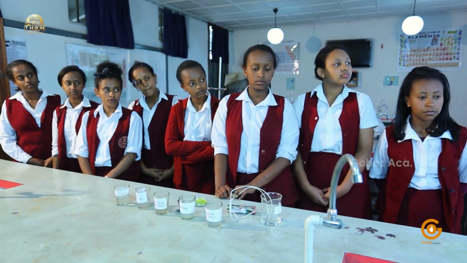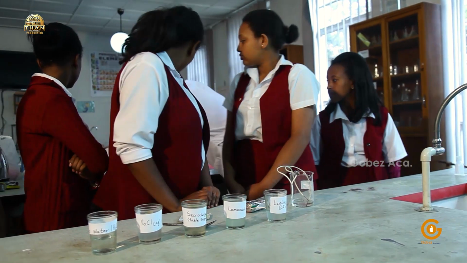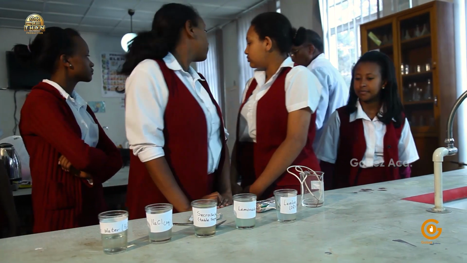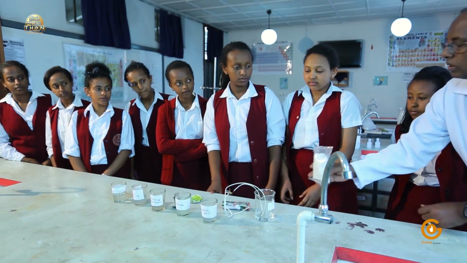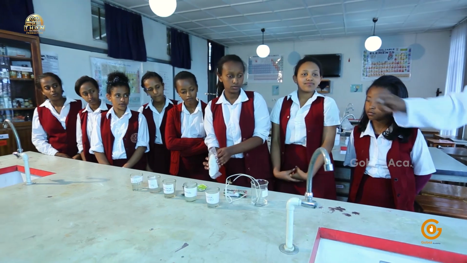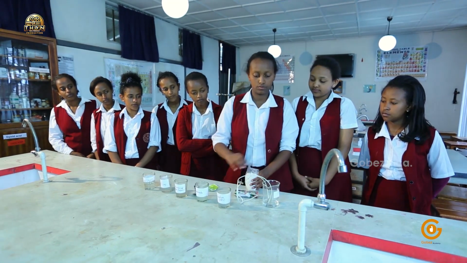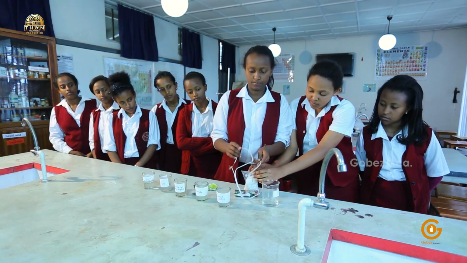Now, if you don't mind, I'm going to give you salt, because salt conducts electricity as we saw. Okay? Here. Dip the electrodes into it. Now, hold it for her.